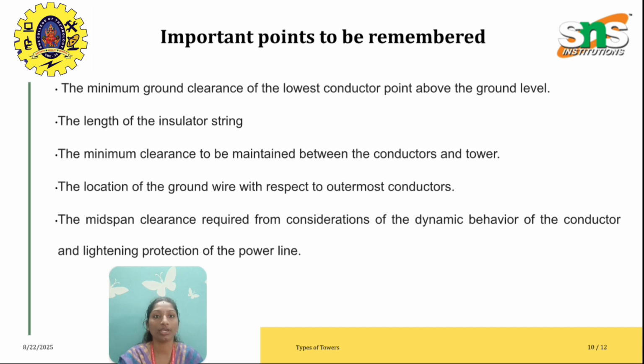The location of the ground wire with respect to the outermost conductor has to be maintained, and the midspan clearance is required from considerations of dynamic behavior of the conductor and lightning protection of the power line. These are all the important points that we have to remember when we plan to design a tower to carry very high voltage from the generating station to the substations.